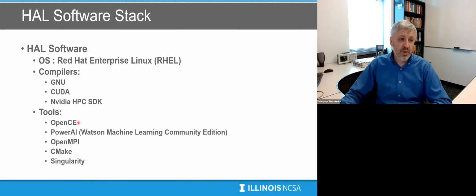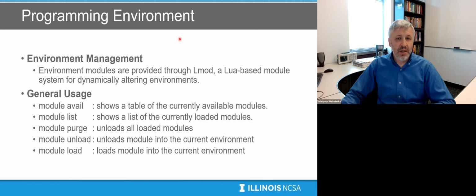So if you need to use a particular version of PyTorch or TensorFlow, you will need to make a choice of a particular version of OpenCE, and we try to compile the latest available versions of OpenCE whenever they become available. On the software side, there is always a choice of several versions.